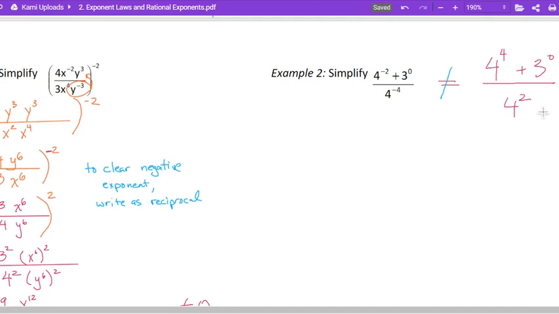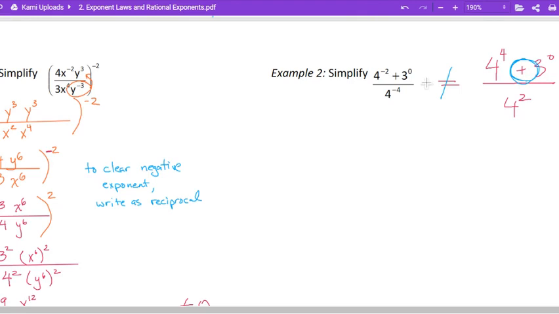Why can I not do this? All right, Greg, why? Yeah, because of this thing. Because we are adding the terms in the numerator, I can't just flip.